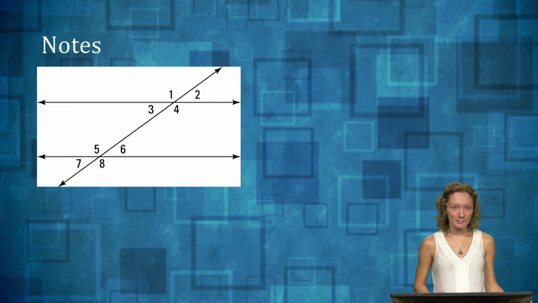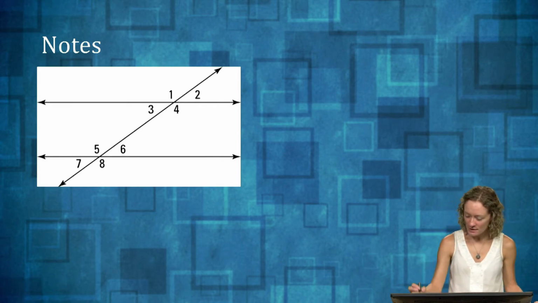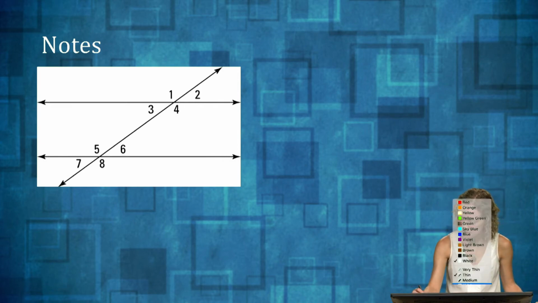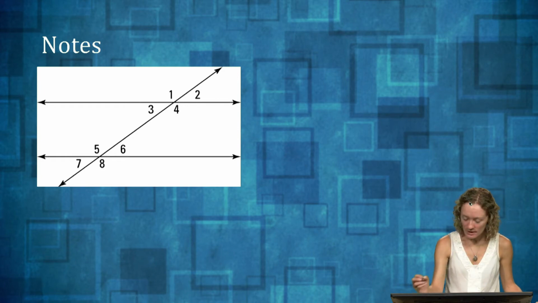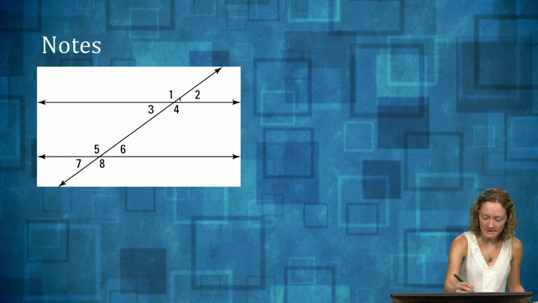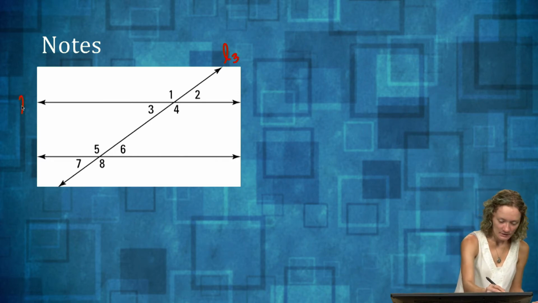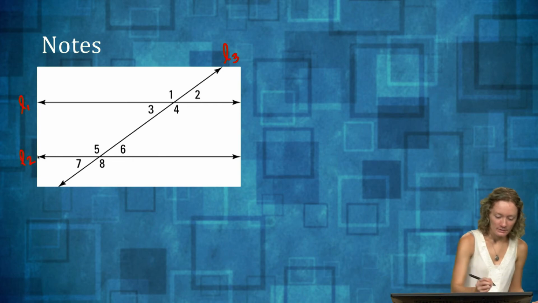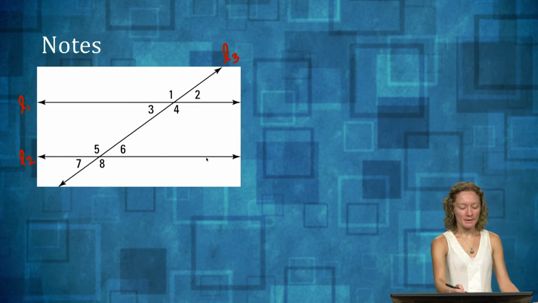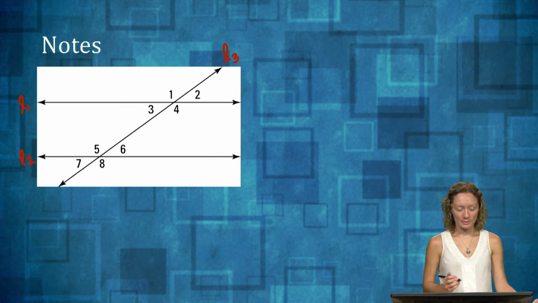These are for parallel lines, so we have to identify a few things here. I have to change the colors here, let's go red. I'm going to identify this line coming through the two as L3, and then the ones on top and bottom, L1 and L2, just so that we can reference them.